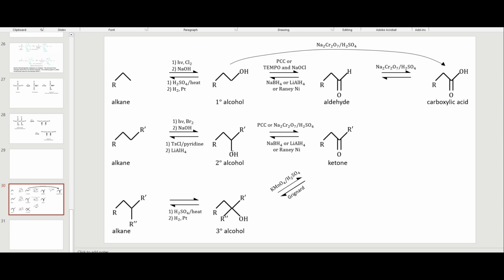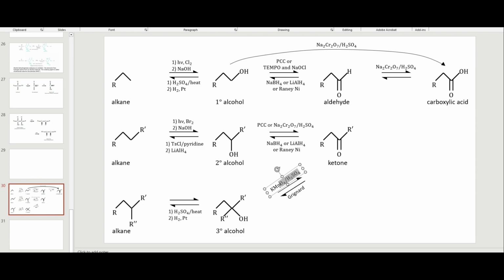And of course, the secondary alcohol, we can use things like PCC or our sodium dichromate and H2SO4 to turn it into the ketone. The ketone we could turn back into an alcohol with sodium borohydride or lithium aluminum hydride or Raney nickel. And we see we can turn a ketone into a tertiary alcohol by using the Grignard reaction.